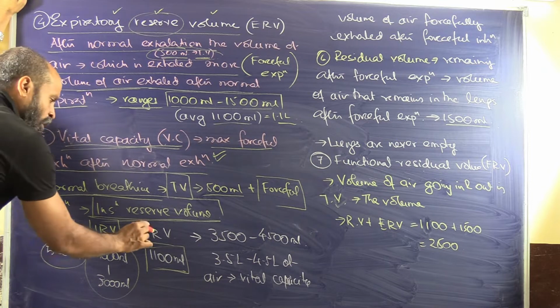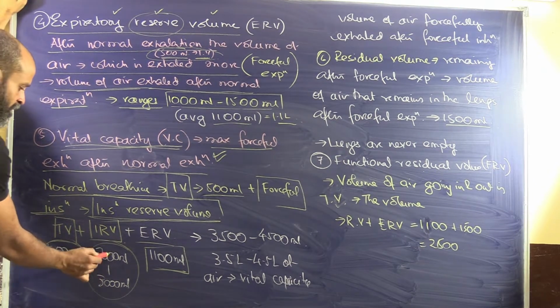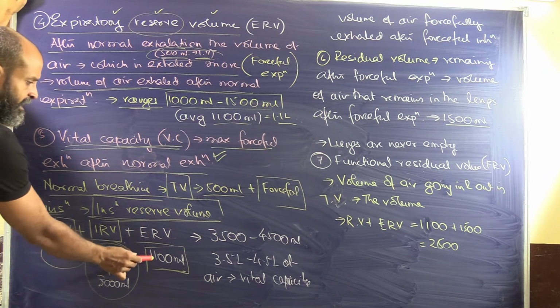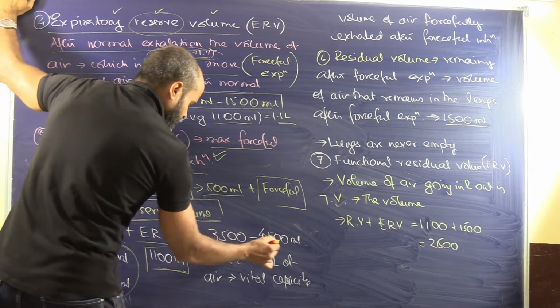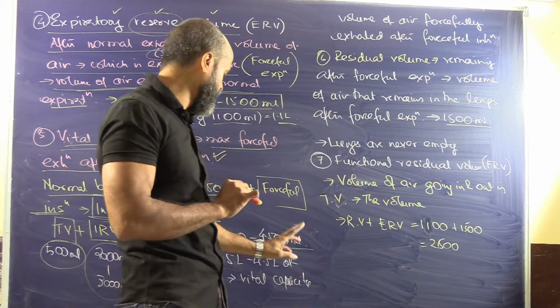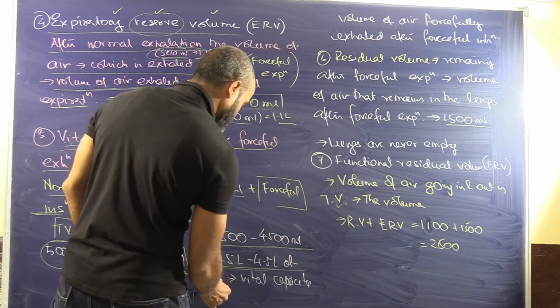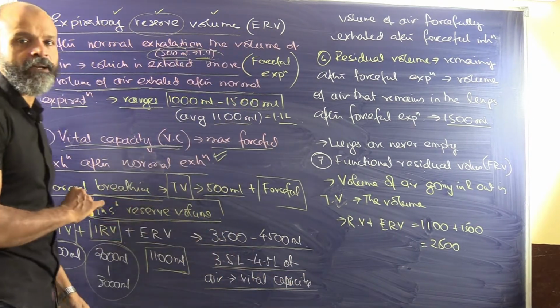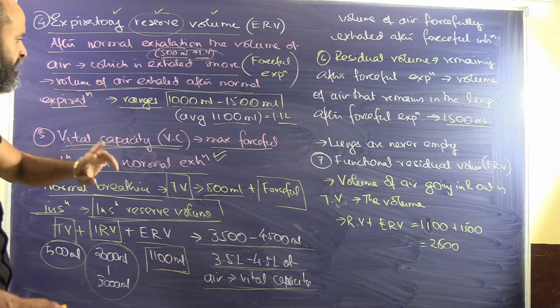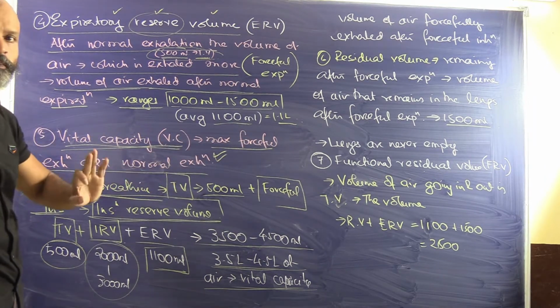If we add all these three, 500 here, between 2000 to 3000 here, and 1100 here, we get approximately 3500 to 4500 milliliters, that is 3.5 to 4.5 liters. That is the vital capacity of the air that we can exhale out, the maximum forceful expiration after normal expiration.